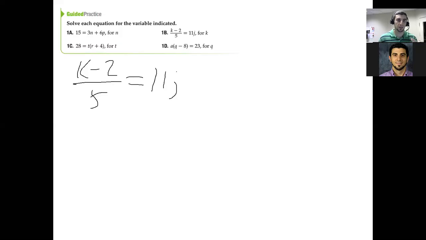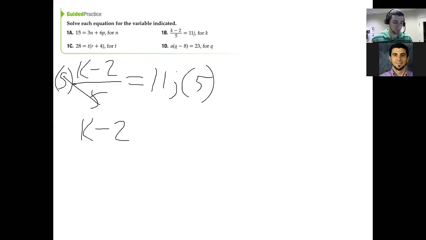B, I want to solve that one for k. So k minus 2 over 5 equals 11j. Now, to get the k by itself, I have to get rid of the division by 5 and then add the 2. So I'm going to multiply both sides by 5. Those cancel, and I have k minus 2 equals. Now, since this is 11 times j times 5, remember, if it's just multiplication, you can multiply in any order.